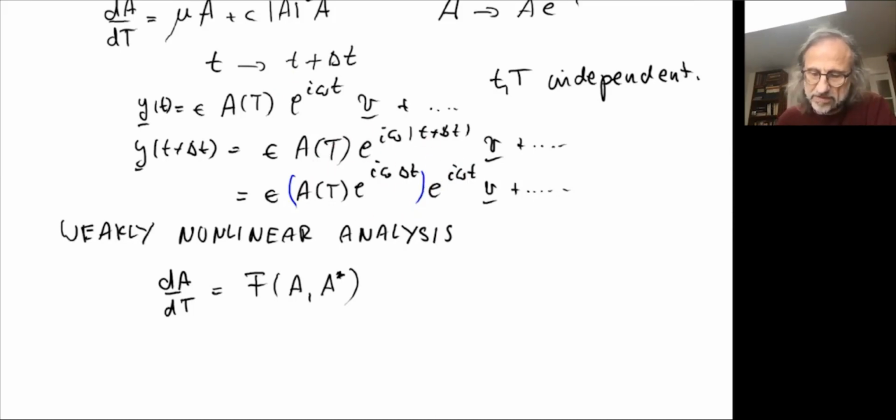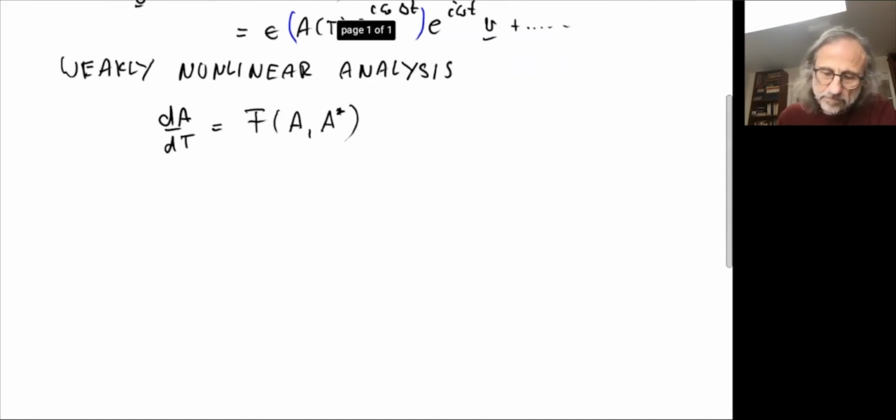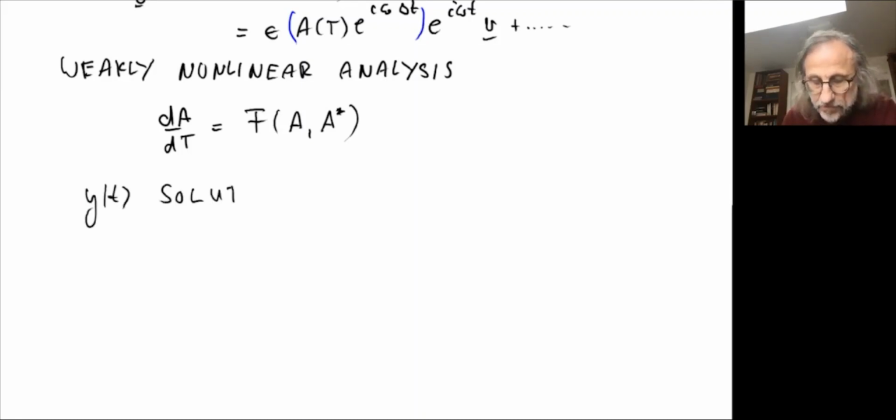And so what we can say is the following statements. If y of t is a solution of the original equation, then A of t is a solution of the amplitude equation.